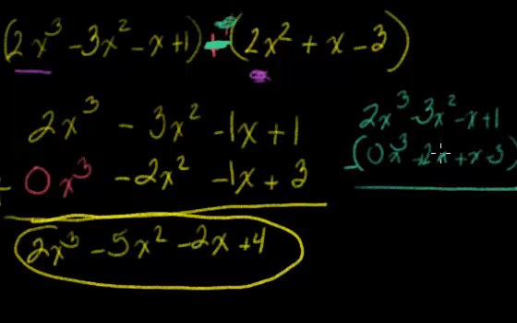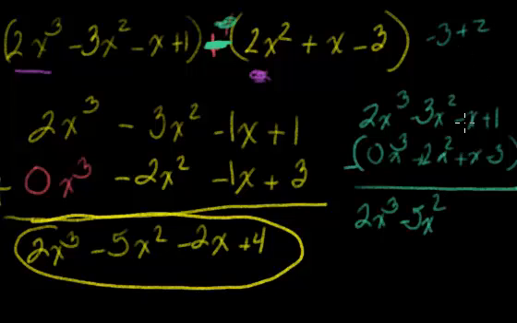So when we do this, we're still going to do the same thing. So 2 minus 0 is 2, so we're going to get 2x cubed. So negative 3 minus positive 2. So up here you say negative 3 minus 2. That's how you get the negative 5. Negative 5x squared. It's supposed to be a square right there.